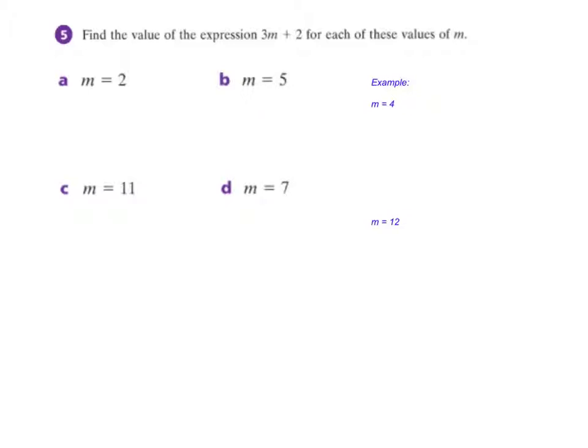So if I look at this example over here, I've got m equals 4. So in 3m plus 2, my m equals 4. So I know I've got 3 m's, that's m plus m plus m plus 2, because that's what my 3 m's is.